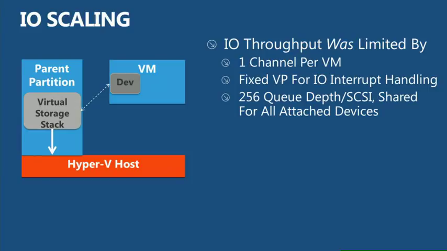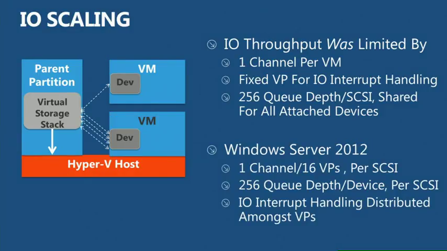Another important scalability aspect was that the queue depth associated with a virtual adapter was shared across all the devices connected to it. So we have removed all these limitations now with Windows Server 2012. And this was the reason why you saw the 1 million IOPS being hit.